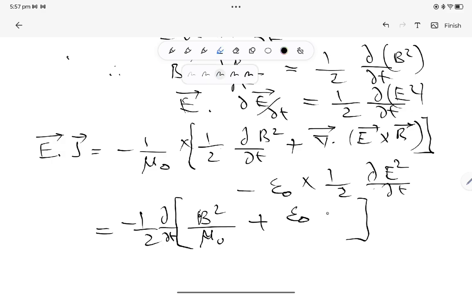Okay, then lastly I take this out, separate this from this term. I have minus del dot, minus because of this minus, del dot E cross B.